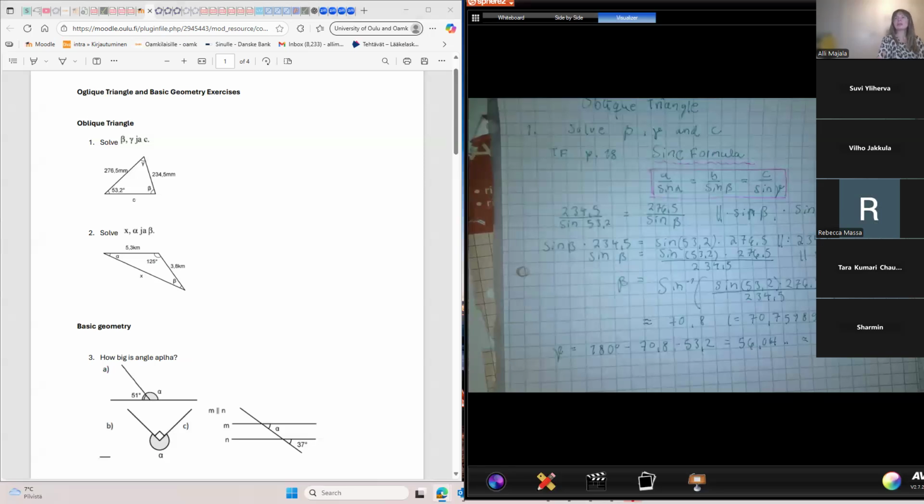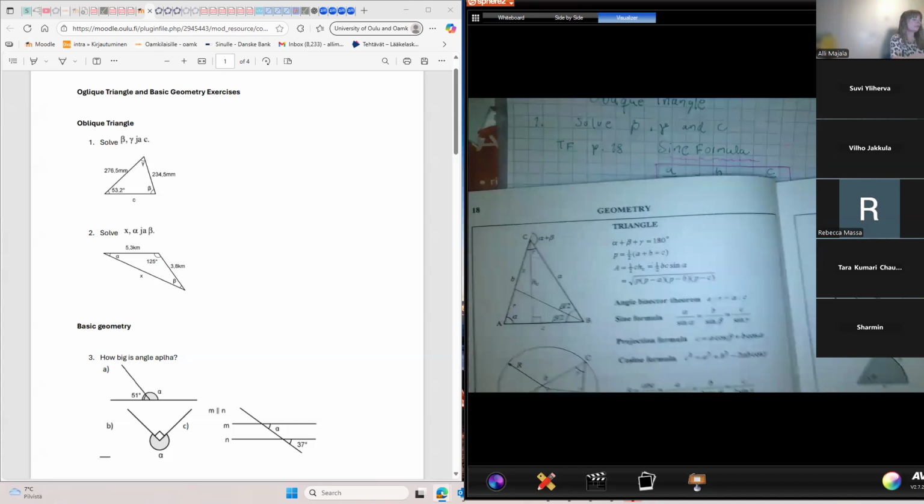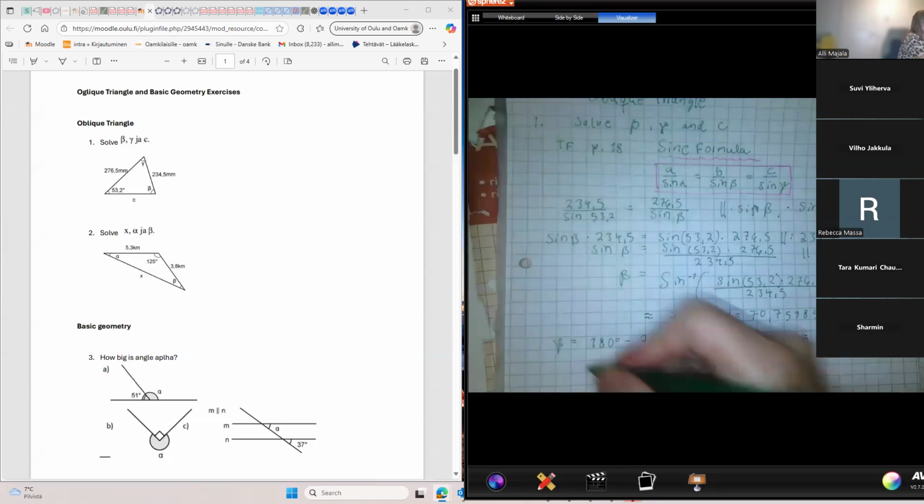I have to use that in the next one. What if I use the cosine formula for the C? So I'll get some practice of that as well. It's also marked as C. So cosine formula.